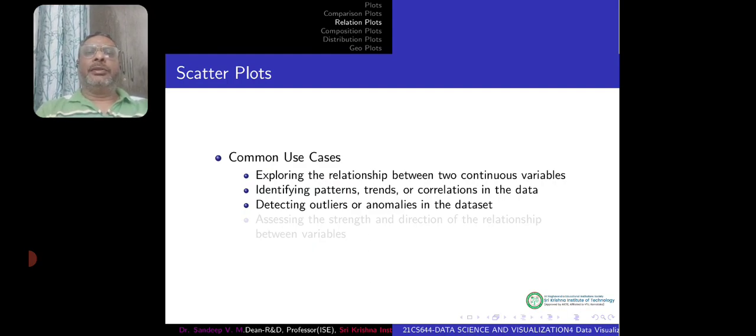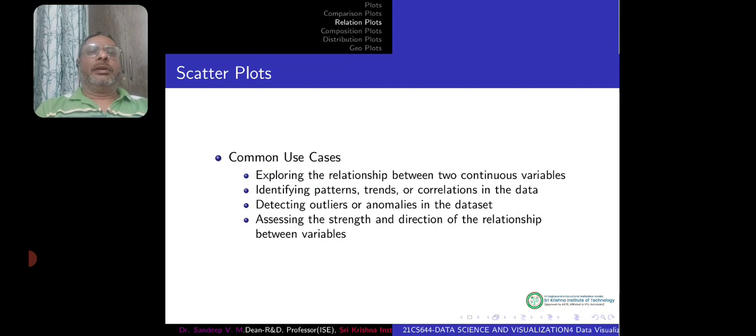Any points which are far away from that can be identified as outliers. Or if a whole data set is talking about one trend and a few follow another trend, then you can identify those as anomalies and so on.